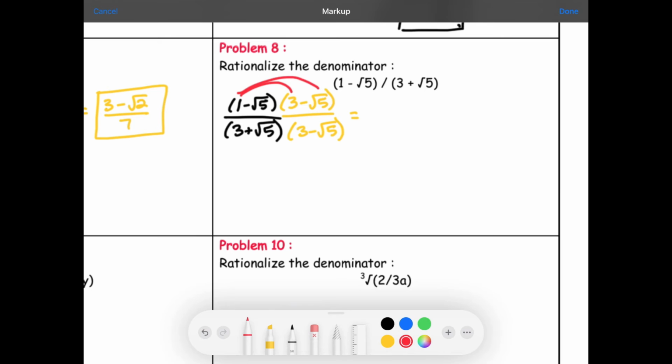Negative root 5. Negative root 5 times 3 is negative 3 root 5. And negative root 5 times negative root 5 is positive 5.